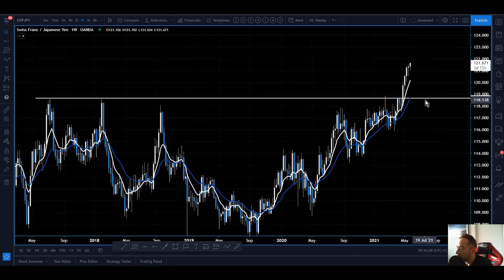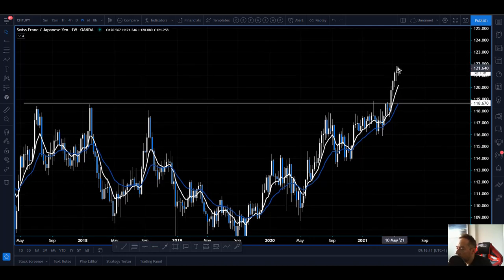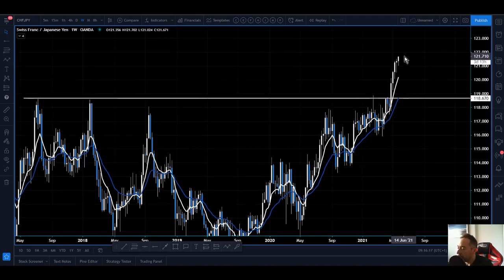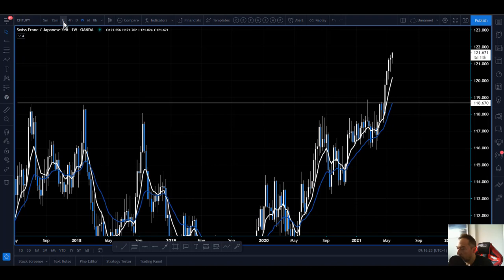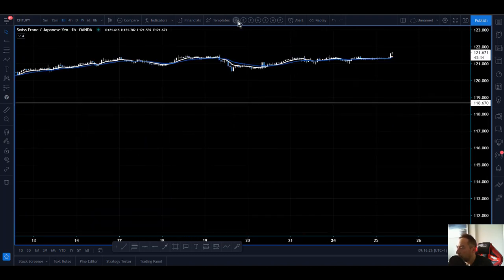So I'm going to leave that line in there. Because this is looking overextended, it means that we'd be looking for sales. Wouldn't really be looking for buys at this point because it's overextended. So if we're looking for sales, that means a counter trend trade. What could we look for?